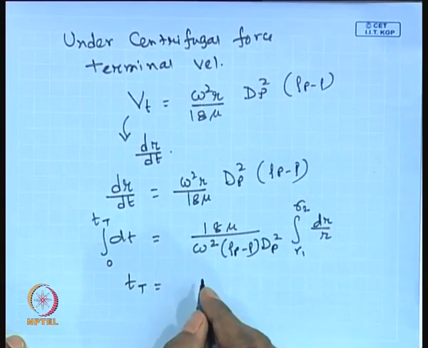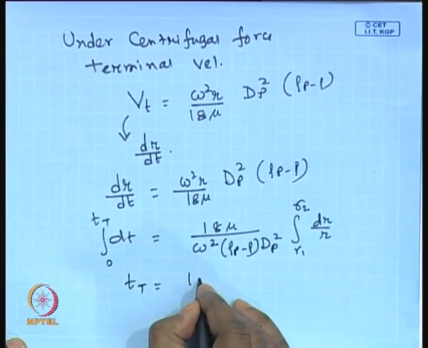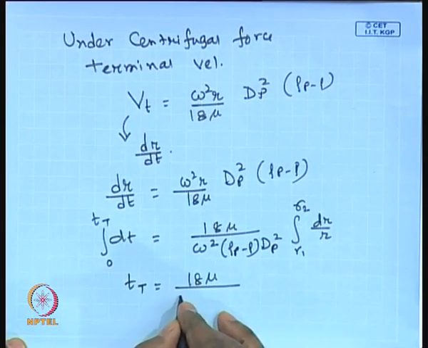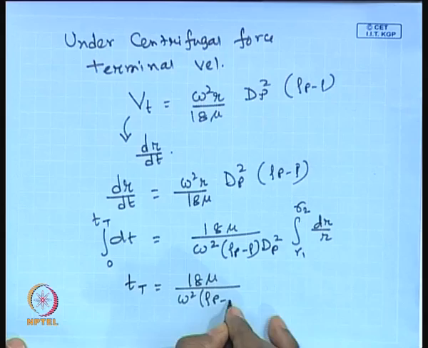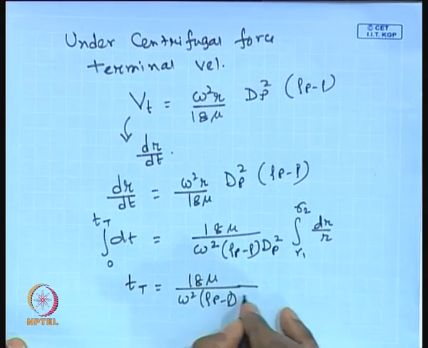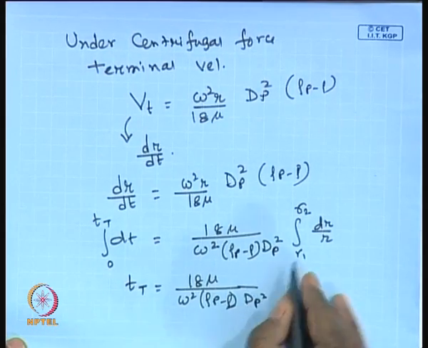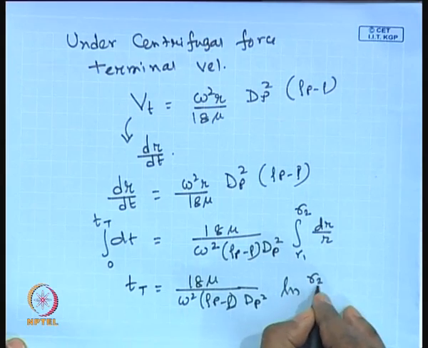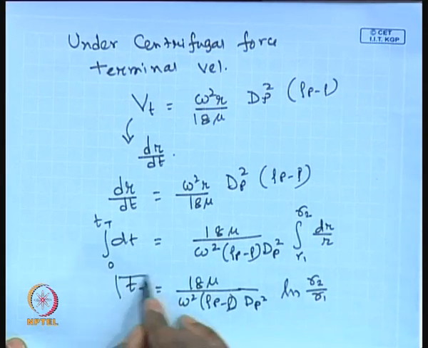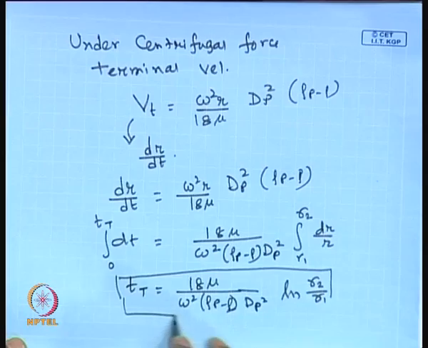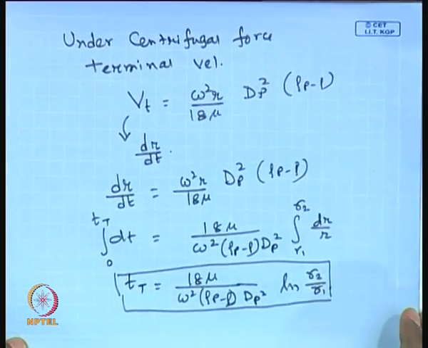Now, this will give you an expression of the time t terminal. The time becomes 18 mu divided by omega square rho p minus rho dp square ln r2 by r1. Okay.